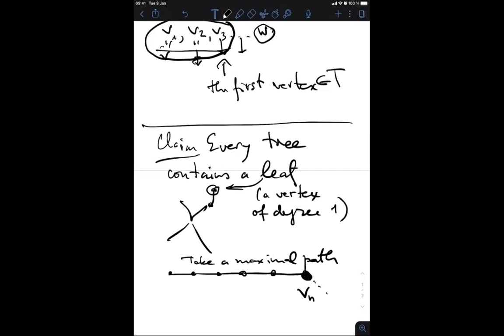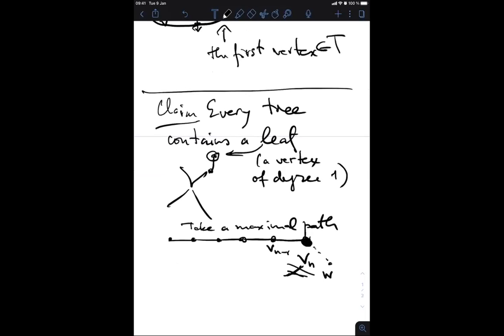Then it is connected to some W here, and this W is different from the previous vertex here, because the degree is bigger than 1. Then we are in two situations. Case 1: if W is not in the path, then the path is not maximal.